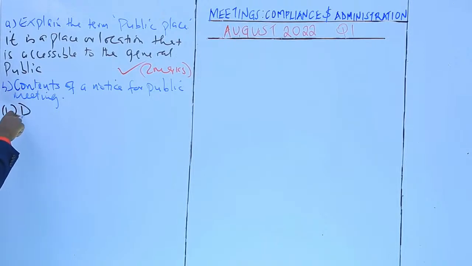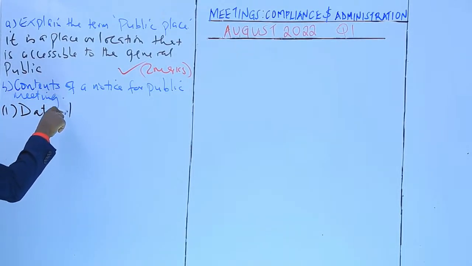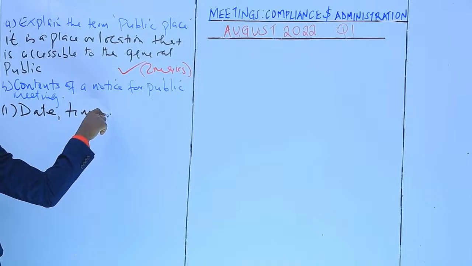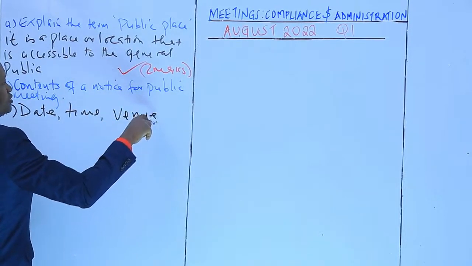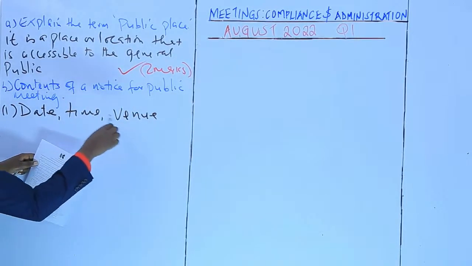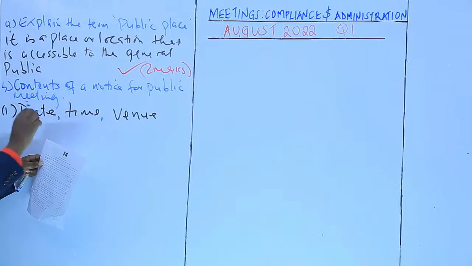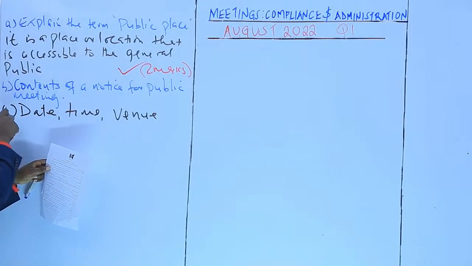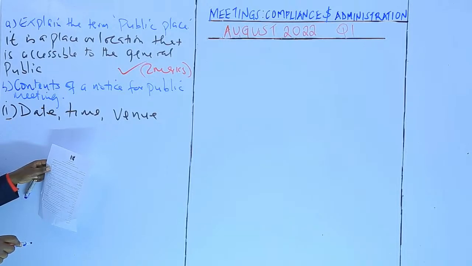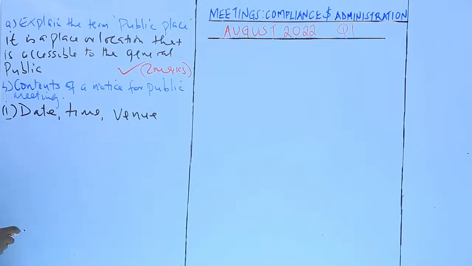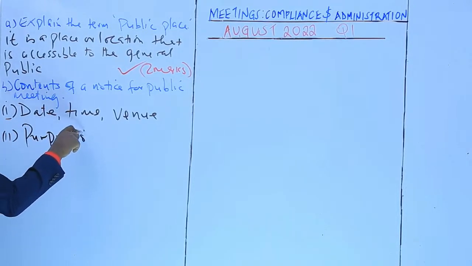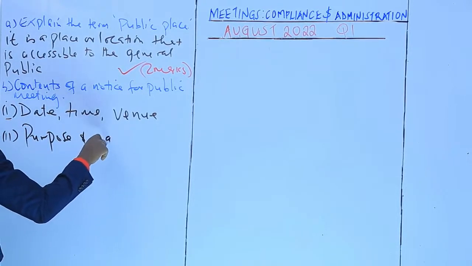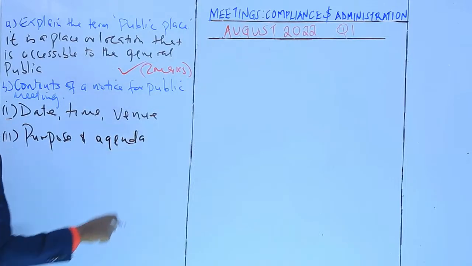Number one, date, time, venue. These are three contents in one. Then there ought to be the purpose and agenda.